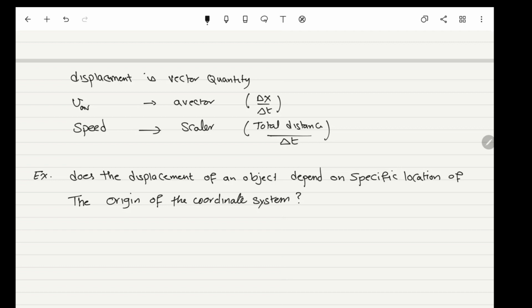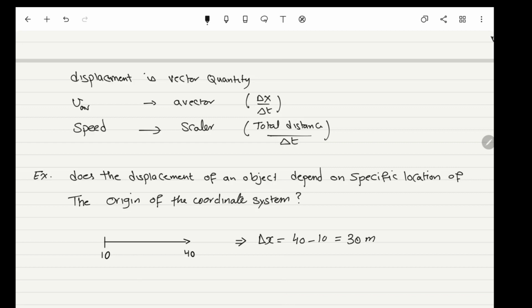By taking this example, for instance, an object is moving from position 10 to 40 in one dimension. In this case here, the displacement is equal to 40 minus 10, which equals 30 meters.